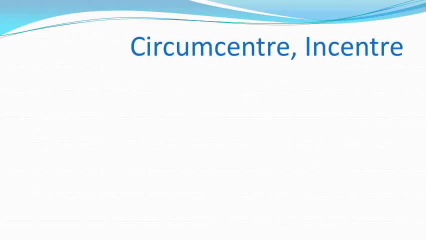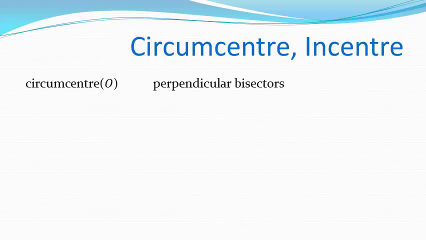The circumcenter and the incentre are also important, and we need to know their definitions. So the circumcenter is the point where the three perpendicular bisectors of the sides of a triangle meet. And again, there is no formula for that, but the circumcenter has some important properties. The distance of the circumcenter from the three vertices of a triangle is always equal, and that distance is called the circumradius.